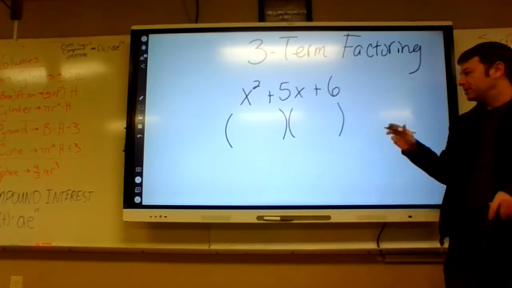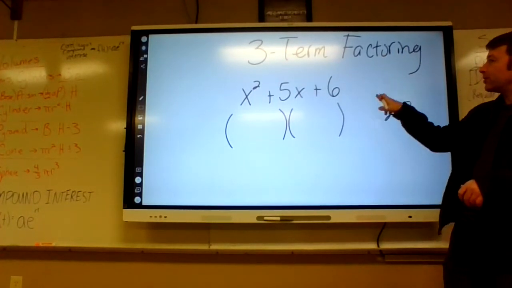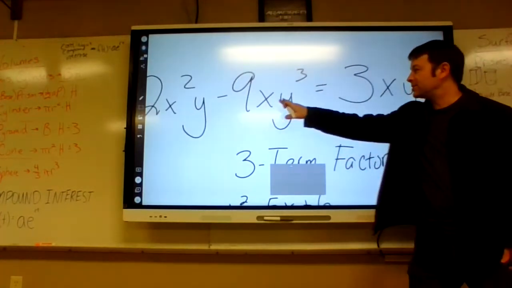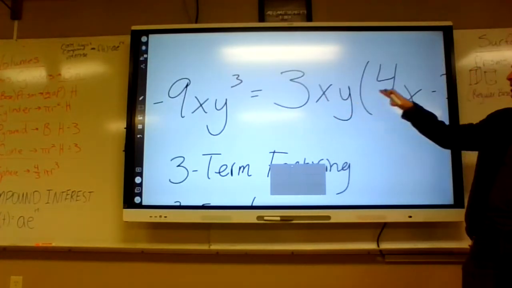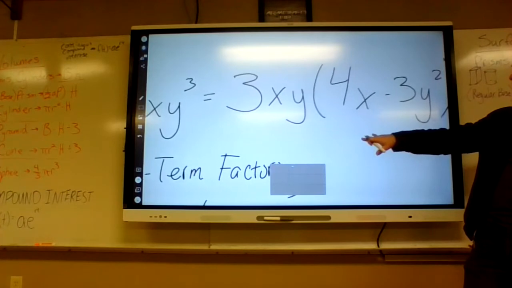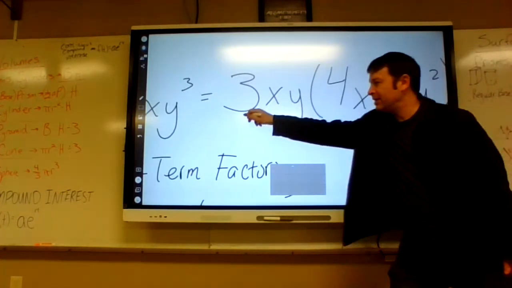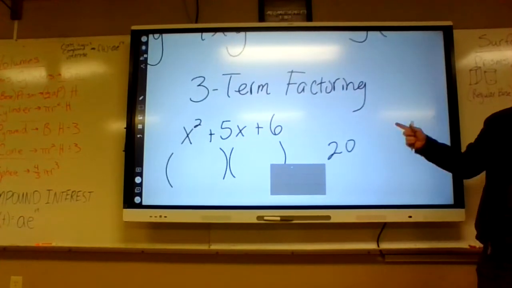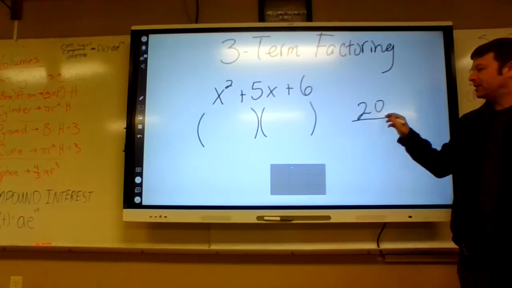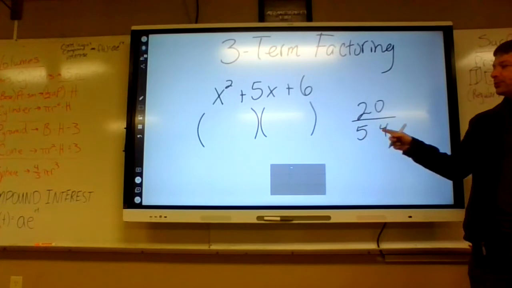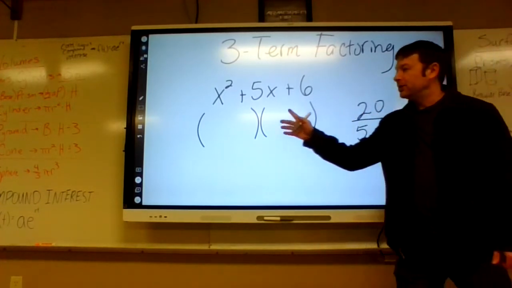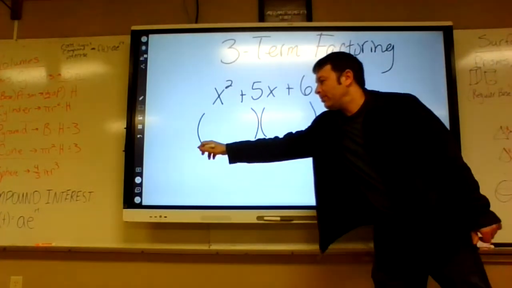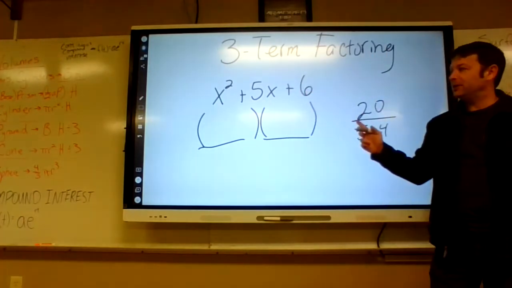Like factors of 20 are 5 and 4, or factors of 3xy times 4x minus 3y squared. This times this equals that thing over there. So yeah, factoring is kind of like dividing, because it's asking the question, what multiplies to get that? Polynomial factoring, same idea.